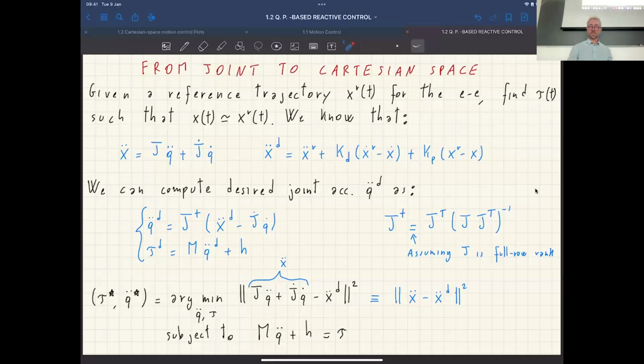What would be an example of a non-least squares program? If I had, for instance, that's not a least squares program because what I have inside the norm is a quadratic form.